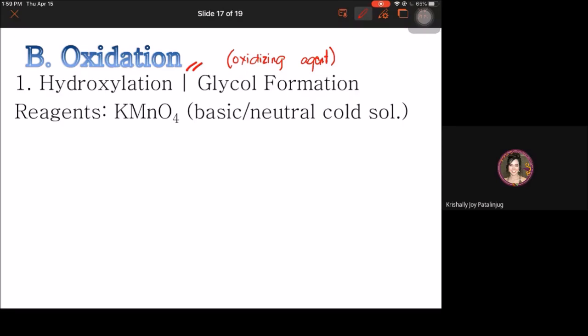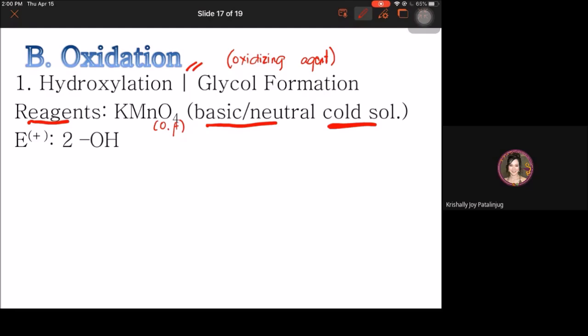For hydroxylation reaction, take note, this occurs by treating the alkenes with a cold solution. The solution has to be cold, and the reaction should be in a basic environment, or let's say a neutralized environment. So the potassium permanganate being added, which is the oxidizing agent, has to be in a cold solution and basic environment.